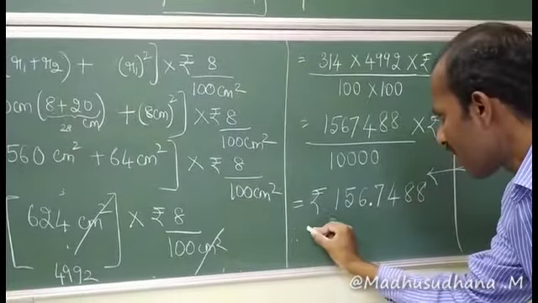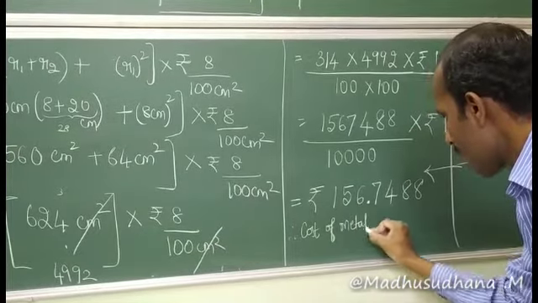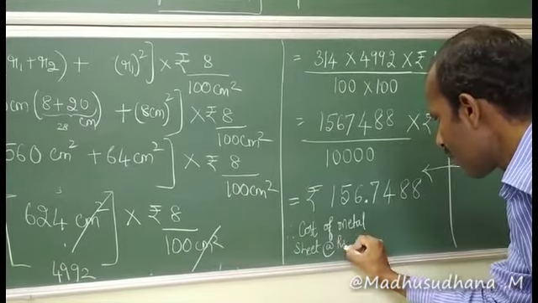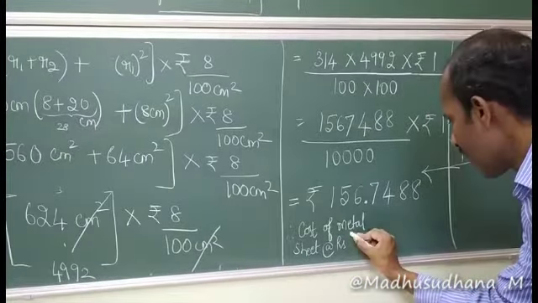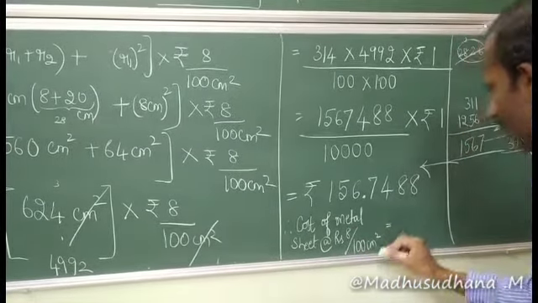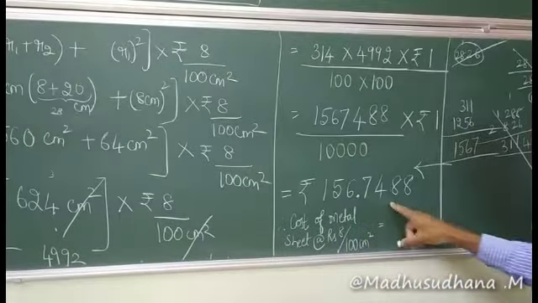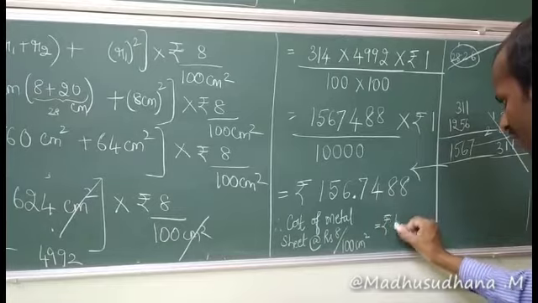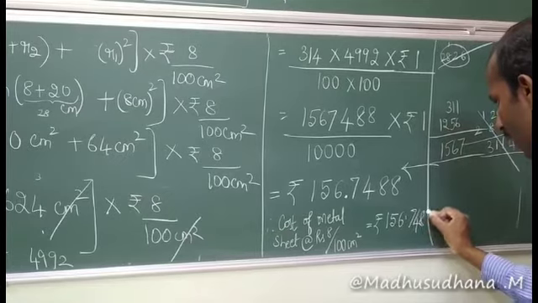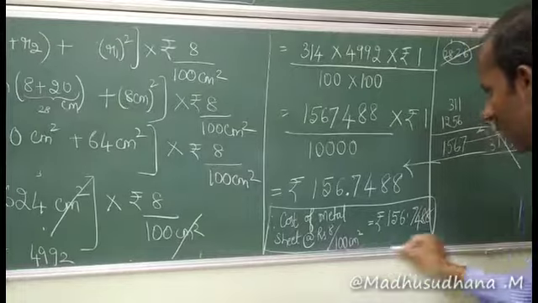Therefore finally I'll write the cost of the metal sheet at rupees 8 per 100 centimeter square. So with this cost, the cost is this much. Therefore, this is rupees 156.7488. So this shall be the end of the question.